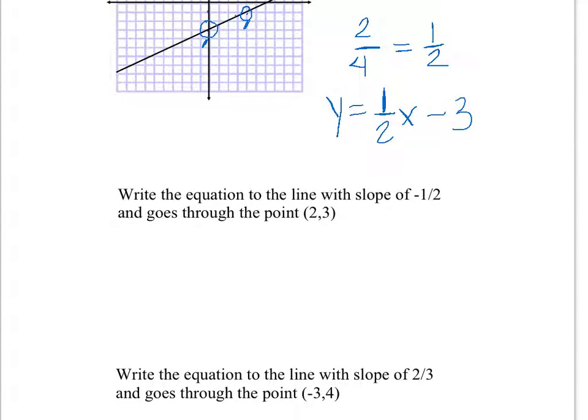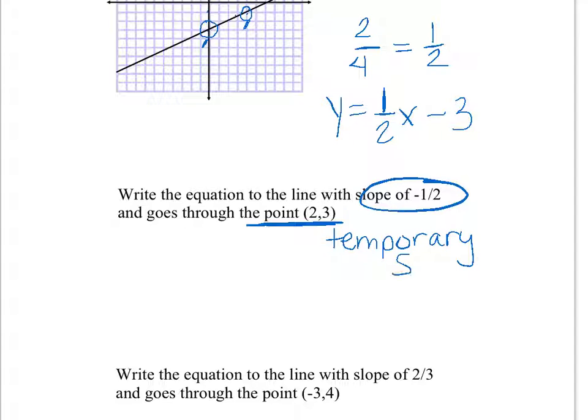For this one, it tells you the slope is -1/2, and it goes through the point (2, 3). When it tells you it's going through this point, this is our temporary solution. A temporary solution is going to be very helpful for us. The reason I say it's temporary is because we're not going to keep it all the time. We're just going to use it for a little tiny bit to help us figure stuff out.